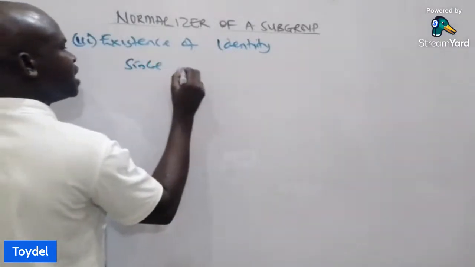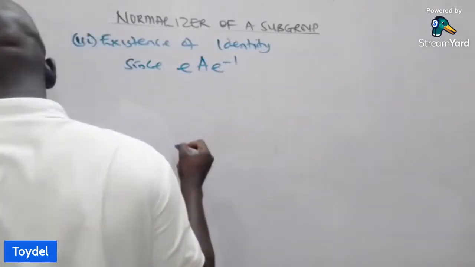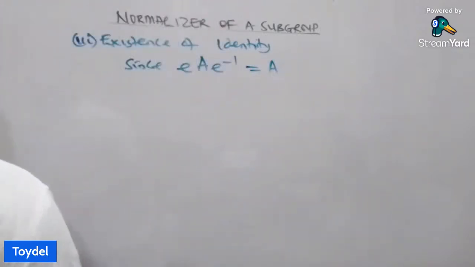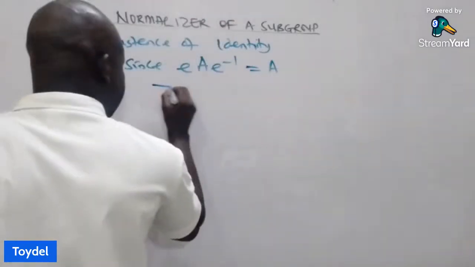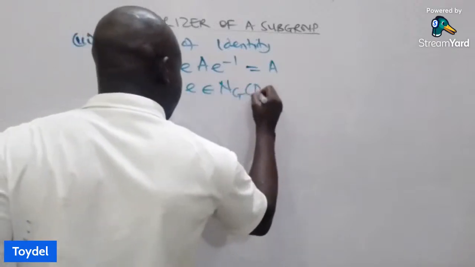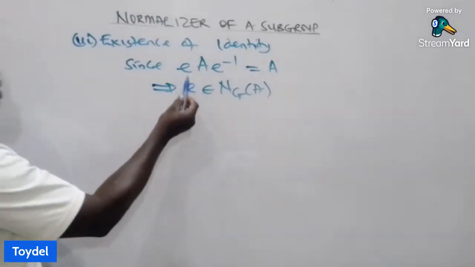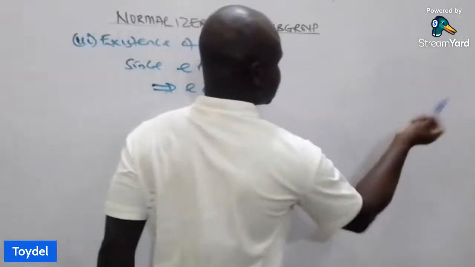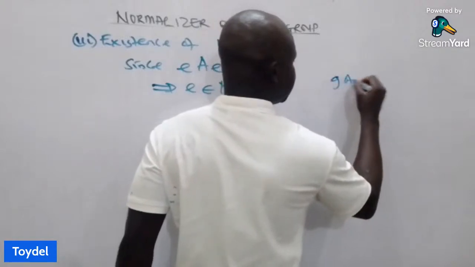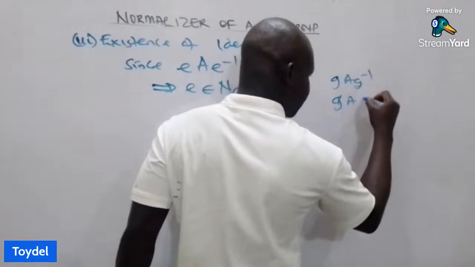Since the identity element, the identity element inverse is going to give us A, from the definition of normalizer of a subgroup, it implies that the identity actually belongs to the normalizer of that group. This one is very simple and straightforward. Of course, I've said it that when we have G inverse, it simply means that this is the same thing as 1 over G.